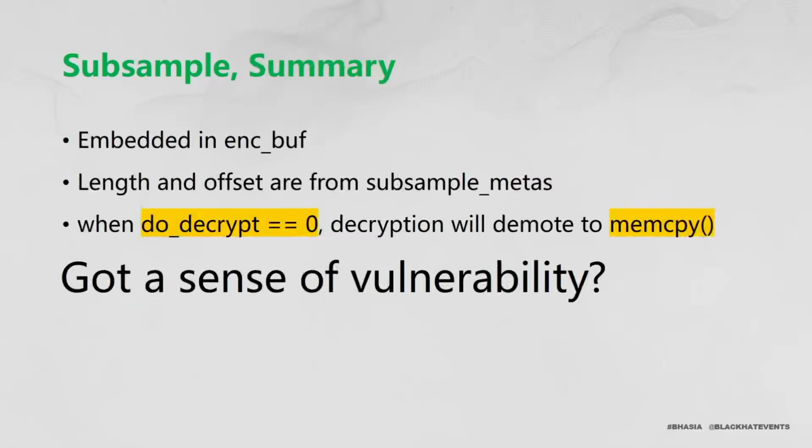So a summary of the subsamples: the subsamples are embedded in the in buffer and decryption buffer, and the length and the offset of them are taken from the metas array, and when do_decrypt is equal to 0, the decryption will be demoted to a non-copy. So, okay, we have already seen the vulnerability.